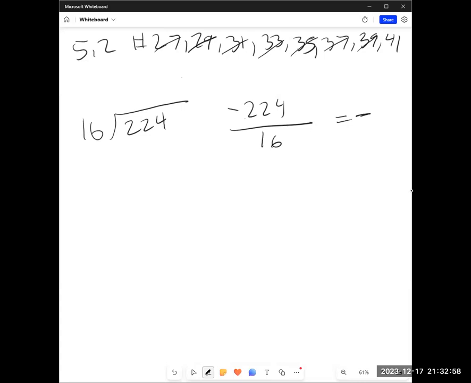You know that the answer is negative. 16 goes into 22 one time with a remainder of 6. Bring down the 4. 64 divided by 16 is 4. 24. Yep. So the answer here is a -14.